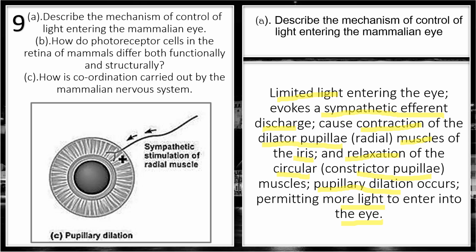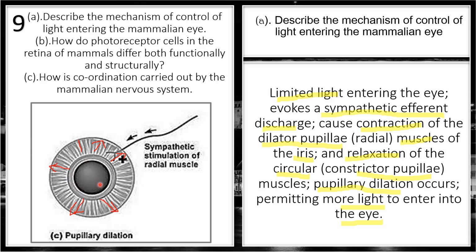Now, in a situation whereby there is little amount of light entering the eye, the sympathetic effect discharge stimulates the radial muscles to contract. These radial muscles will contract, and when they contract, they are going to pull the circular muscles outwards.